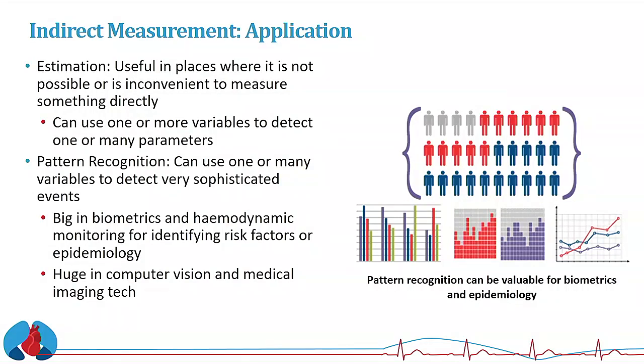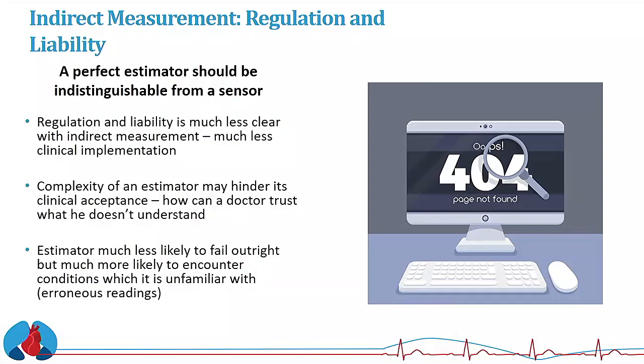Pattern recognition is obviously huge in computer vision and medical imaging, so the big medical imaging companies are all developing various pattern recognition software to do various things, like finding out how bad your aortic aneurysm is, all sorts of things.